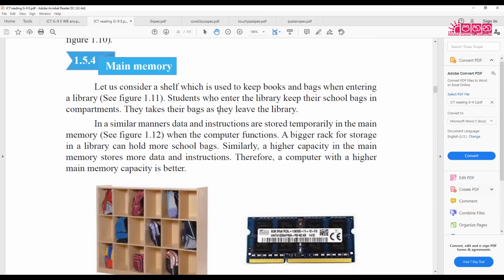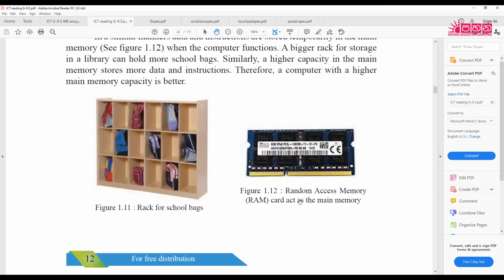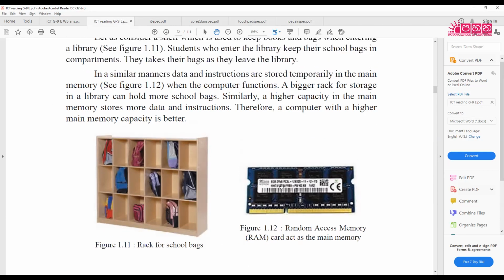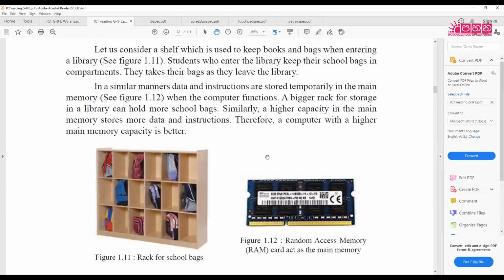The processor is the place where the calculations or comparisons happen. But the place where data is stored temporarily, we call main memory, or random access memory. It holds data on a temporary basis.